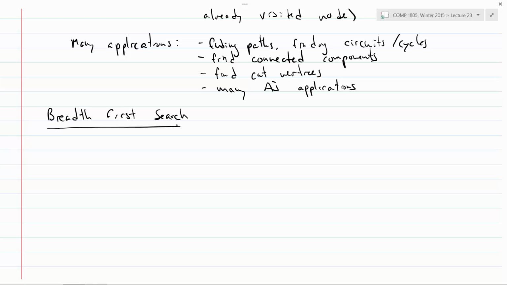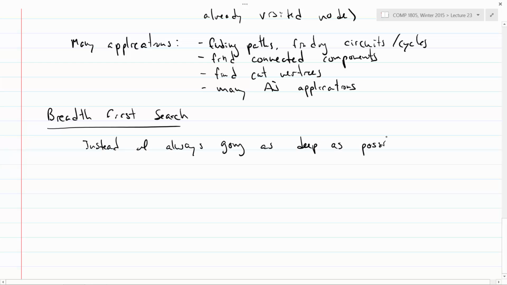Breadth first search is probably what you would do if you were exploring a city and were kind of cautious. You wouldn't go as far away from your hotel as possible and then try to make your way back. You would gradually explore a wider and wider area. So the idea is, instead of always going as deep as possible, as in DFS, we could try to explore gradually at specific and increasing distances from the starting vertex.